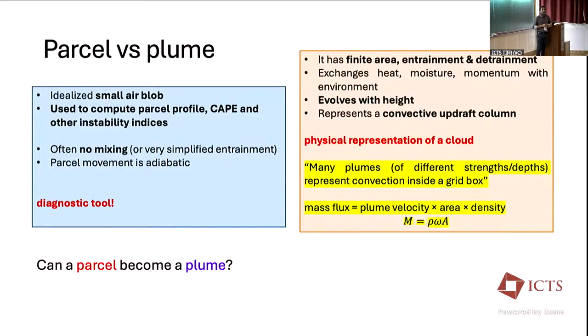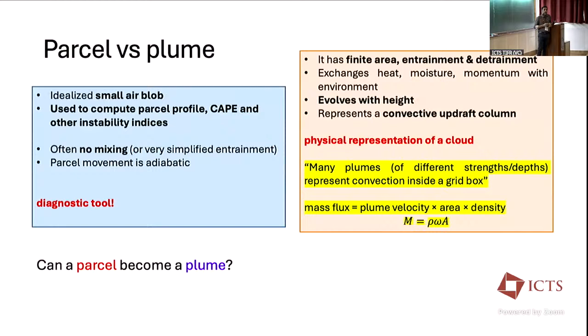It is allowed to rise through the atmosphere, and we look at the changes the parcel encounters. The basic assumption is that the parcel is insulated. We are not allowing the parcel to mix with the environment. The parcel theory is a diagnostic tool only.